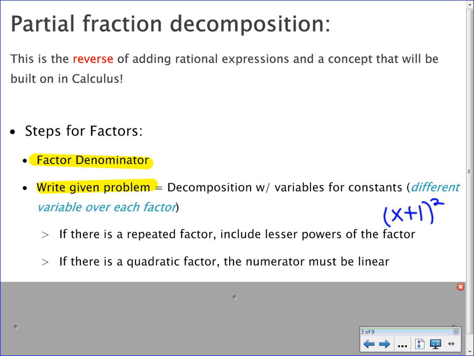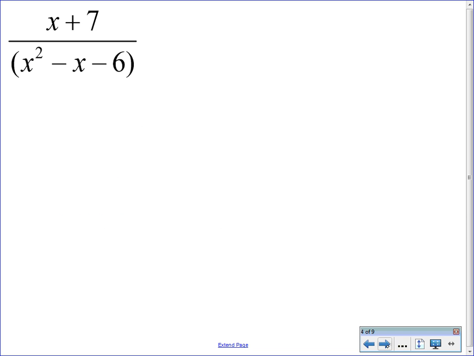Okay. So, here's our first example. Please write it down. First step was to factor the denominator.